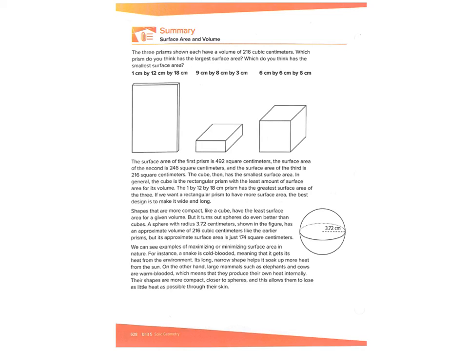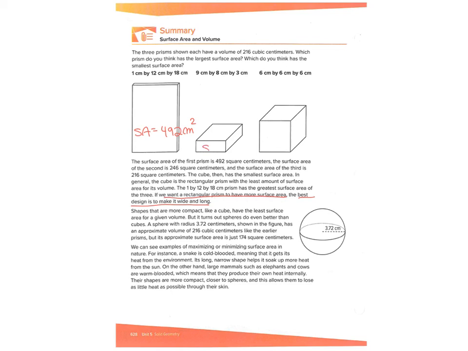First of all, in this middle paragraph, it talks about the surface area. If we want the rectangular prism to have more surface area, the best design is to make it wide and long. For example, this rectangular prism has a surface area of 492 centimeters squared.